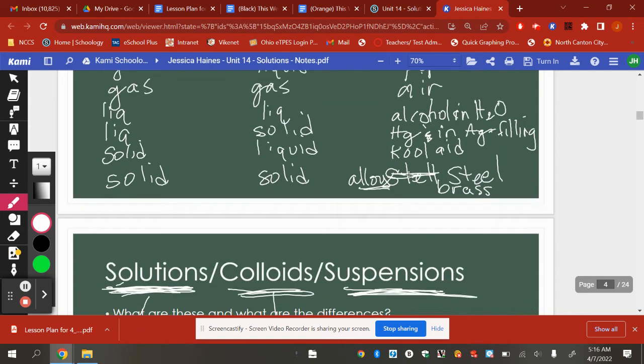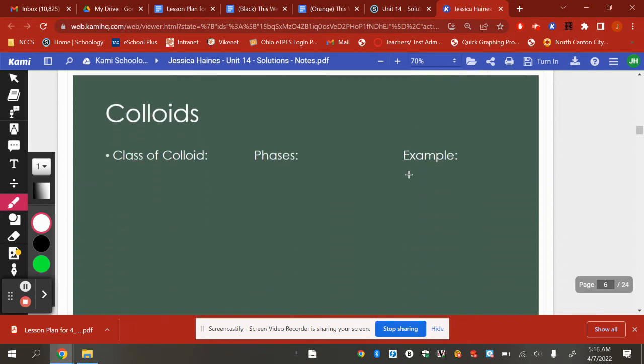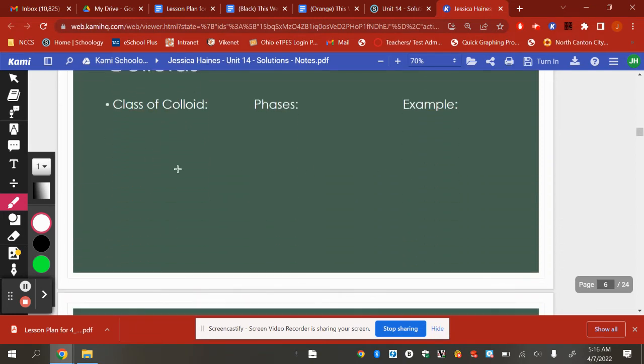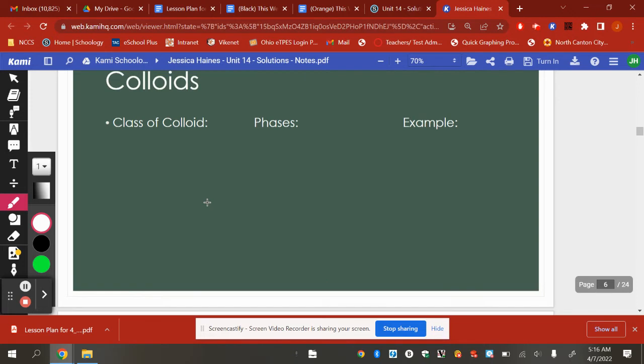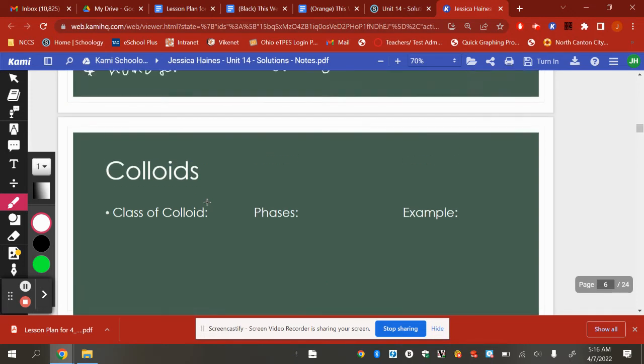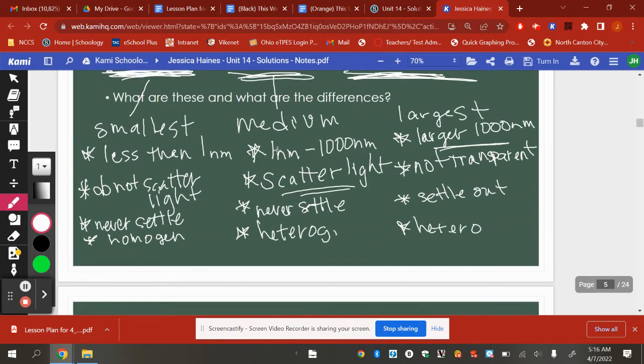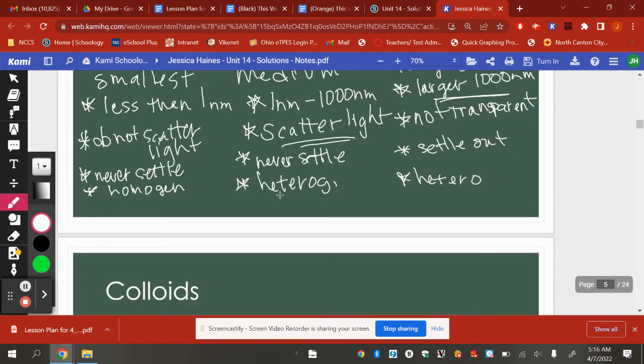We just have examples of it. But with colloids, there are whole different classes of colloids that things fit into. And when we talk about colloids, again, they're in the middle category of size of their solute particles.